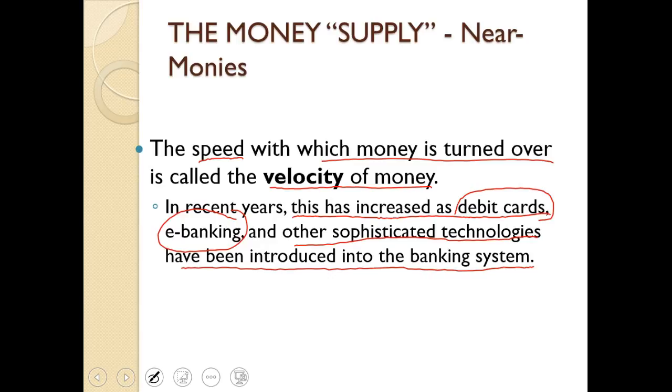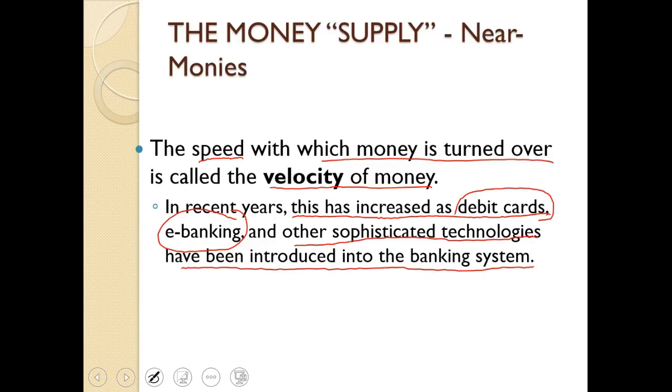But now, with the use of debit cards, e-banking, and other sophisticated technologies, the transfer of money has become instantaneous. Whenever you swipe a debit card, funds are immediately withdrawn out of your account and set in another account, so as soon as those funds are transferred, the recipient can take that same amount of money and use it somewhere else.